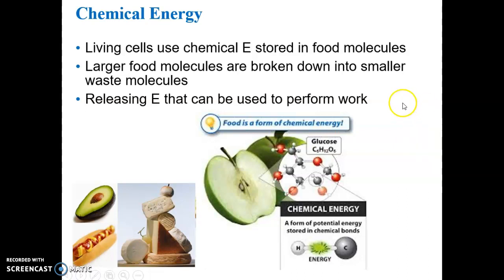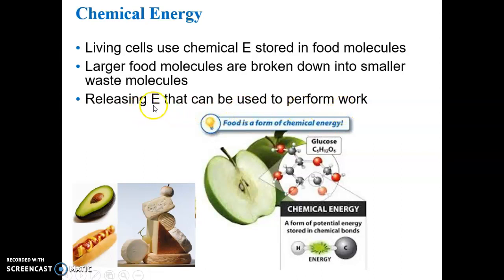In that last section, I was cut off where I was talking about the energy that's released by the breaking down of larger food molecules into the smaller waste molecules, like the breakdown of glucose, which releases energy that can be used to perform work.